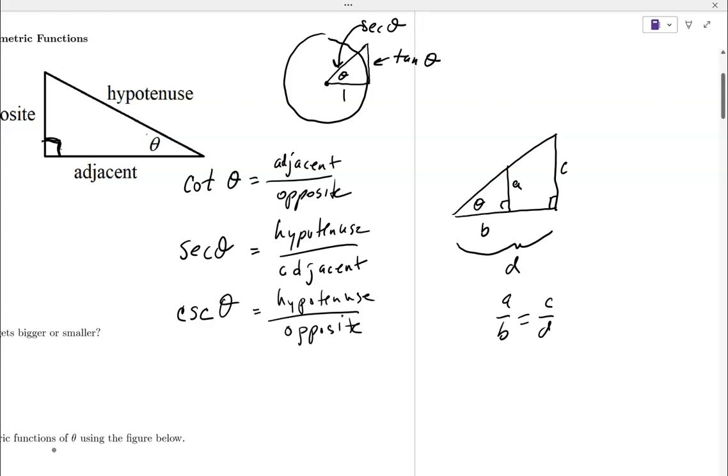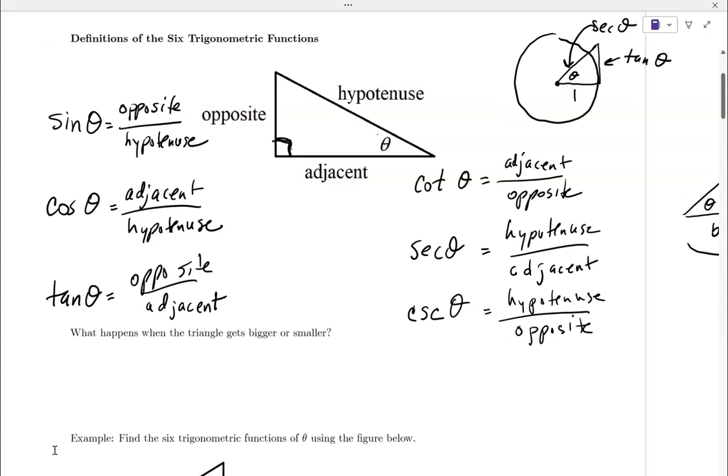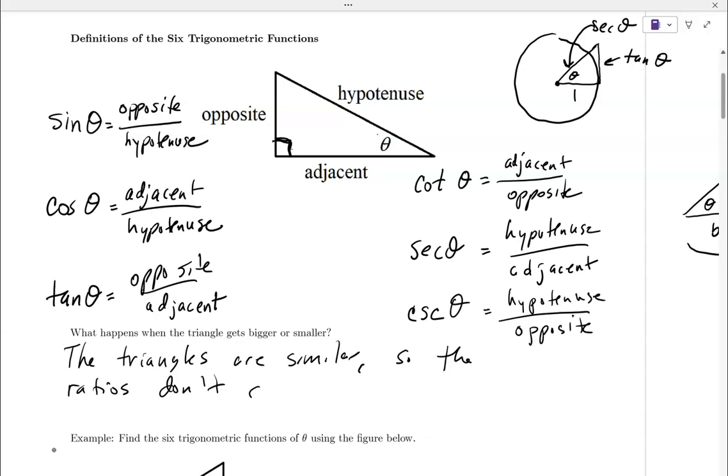And I still would have opposite over adjacent, so you get the same ratio. So when that triangle gets bigger or smaller, the triangles are similar, so the ratios don't change. And that's important.